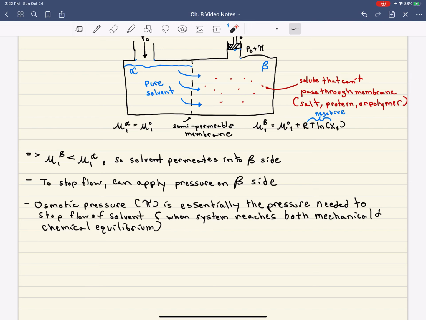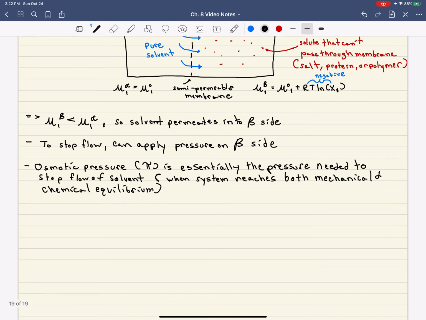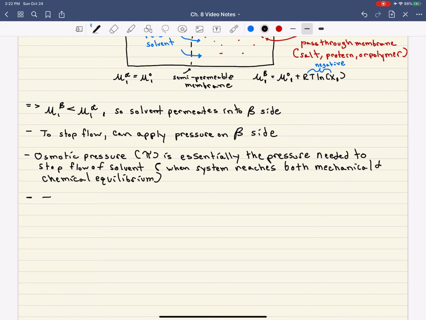Okay? Or another way to think of osmotic pressure is it's the thermodynamic drive to dilute the beta phase, to make it as close to pure solvent as it can be.